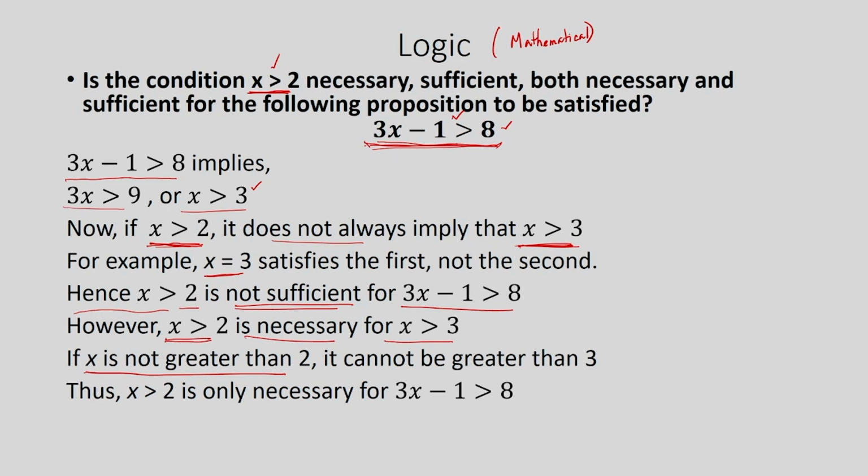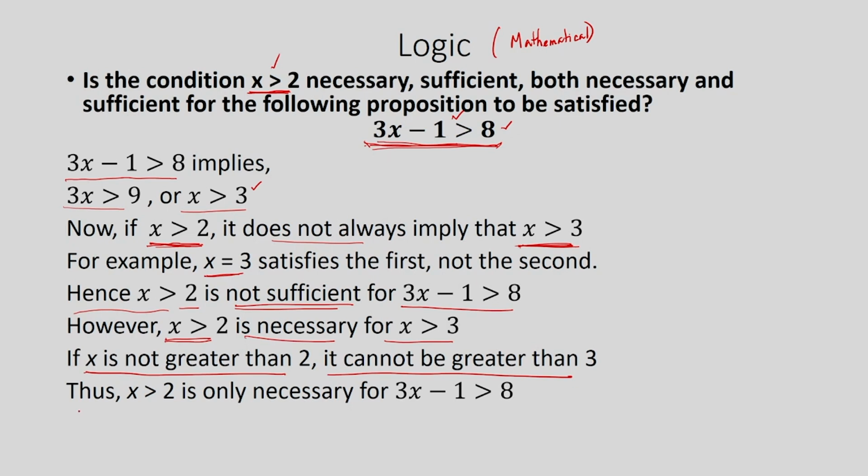Those are the cases where x is not greater than 2. But in all these cases, x is not greater than 3 also. So, that is what I have written here. If x is not greater than 2, it cannot be greater than 3, right, and that is the idea of a necessary condition.